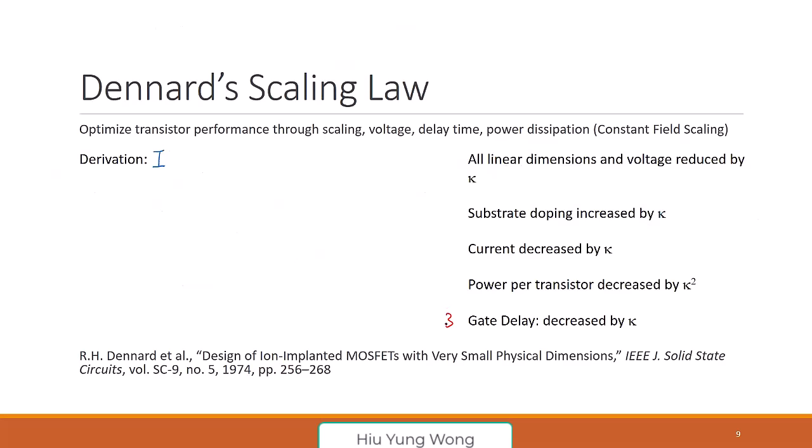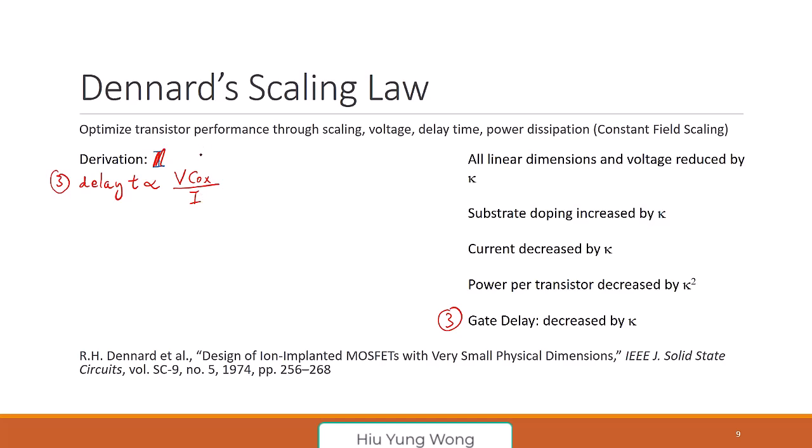And this is the number 3, right? What is the delay? How do you calculate the delay? Delay is just the time, right? And time is related to the voltage times the oxide capacitance divided by the current.